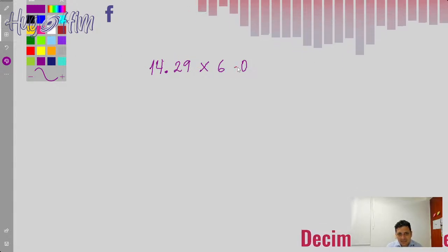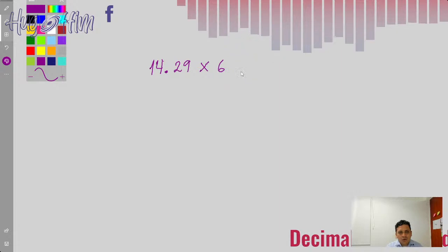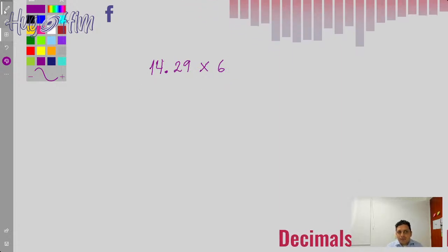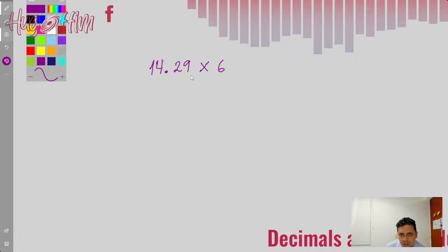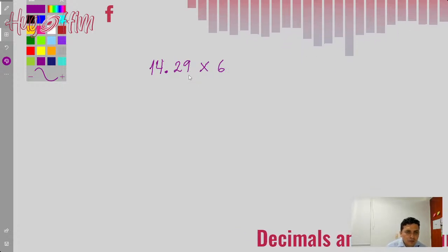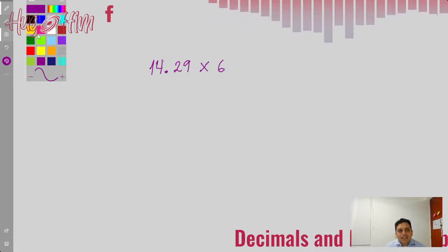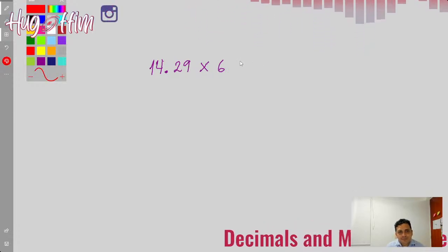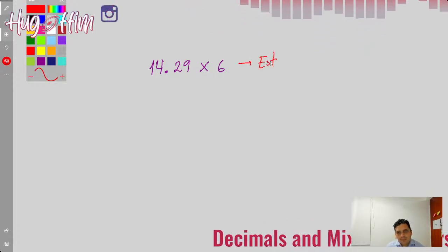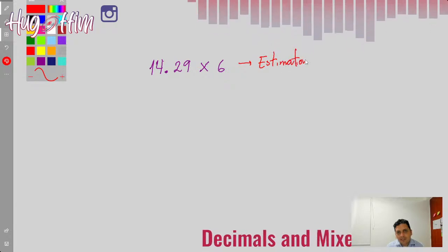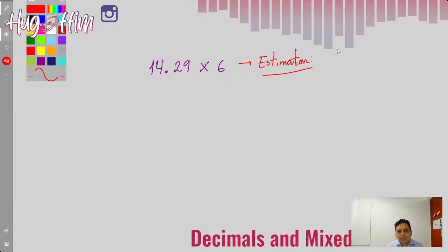Okay, they get a mess. And as I don't want you to have a mess, I recommend that, just to be sure that your multiplication is correct and that you're doing the correct work, you start with an estimation.